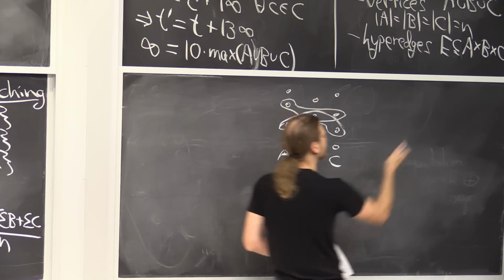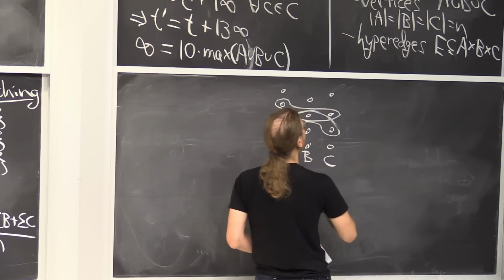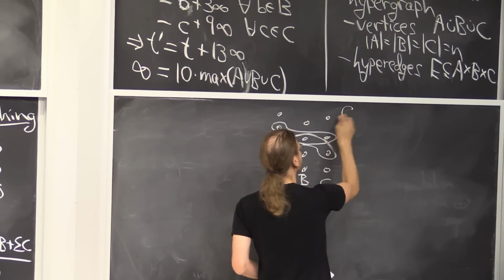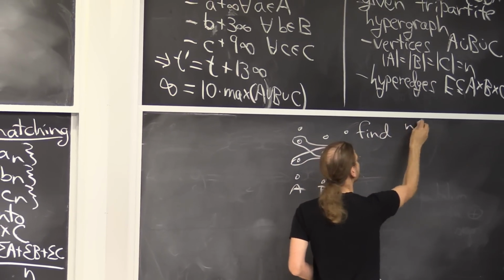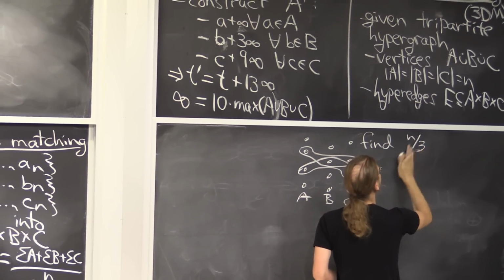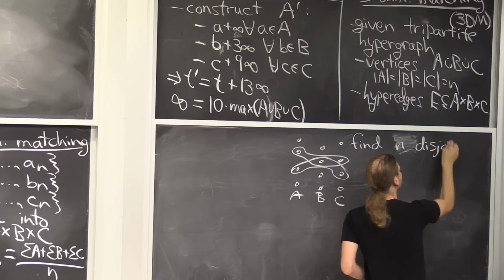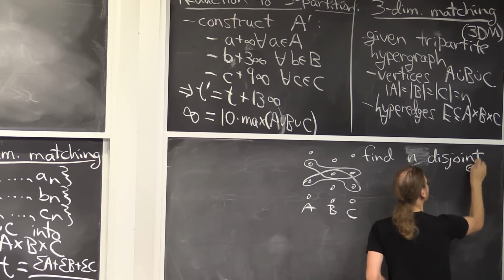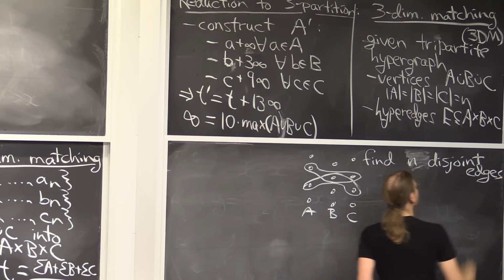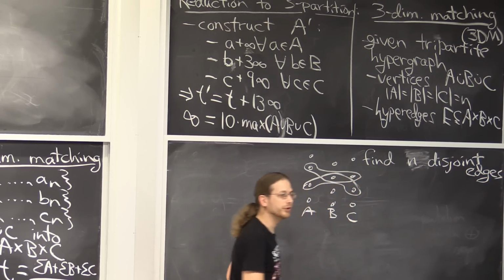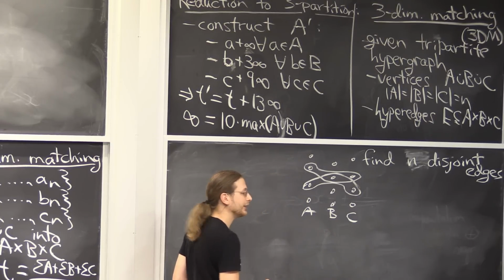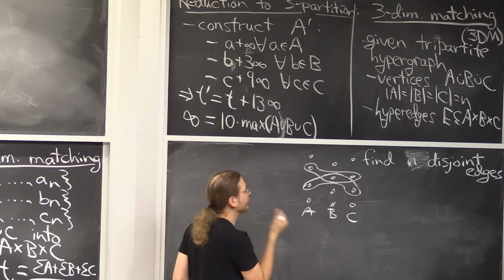Those are, you take one from each. And then your goal is to find n disjoint edges. If you find that many and they're disjoint, that means they will cover all of the vertices. Every vertex will be hit by exactly one hyperedge.